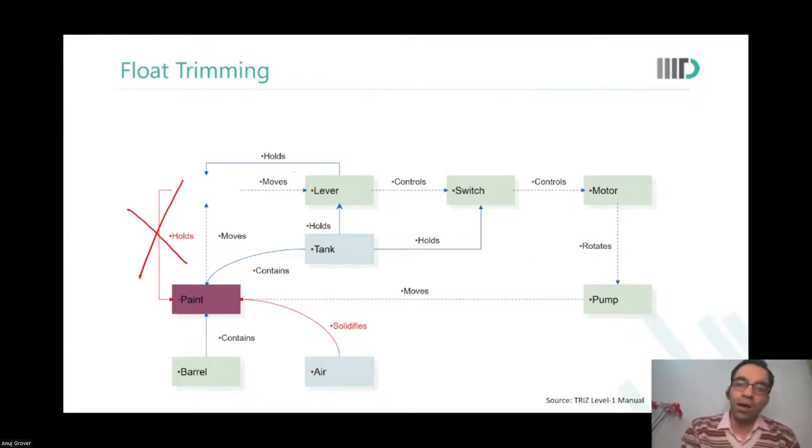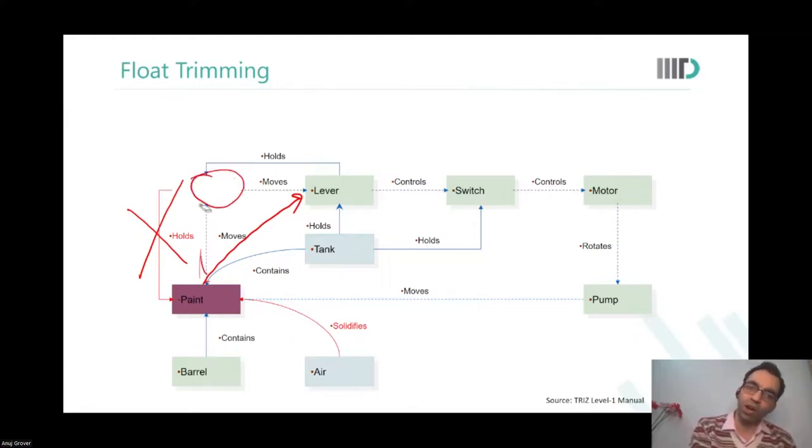Now, the float was doing one useful function, which was moving the lever. Now my problem is how to move the lever so that the system can still function well. Can you think of ways in which paint can directly move the lever? Because paint was moving the lever through the float earlier.